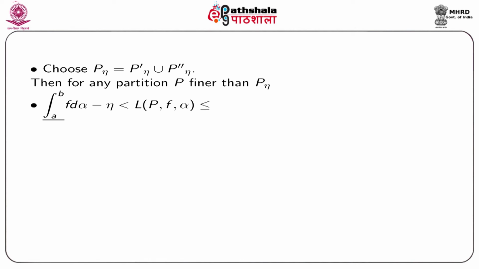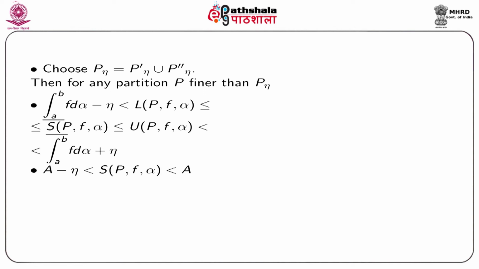lower integral a to b f d alpha minus eta, this is less than L(P, f, alpha), this is less or equal to S(P, f, alpha), and this is less or equal to U(P, f, alpha), and this is again less than upper integral a to b f d alpha plus eta.